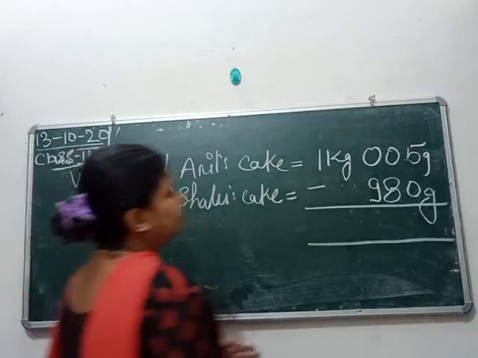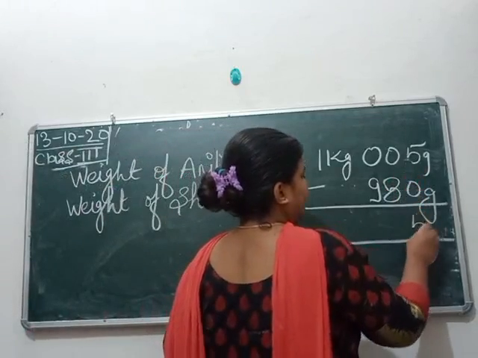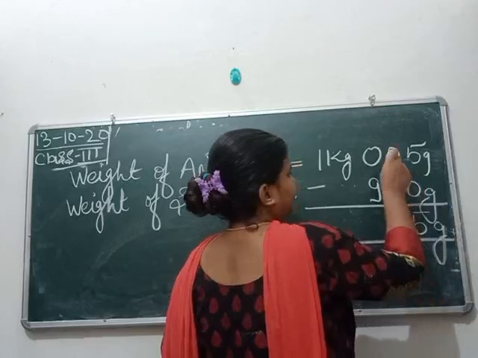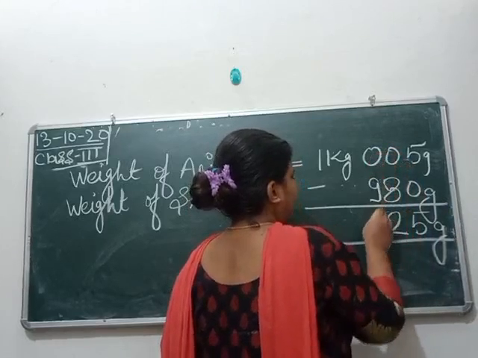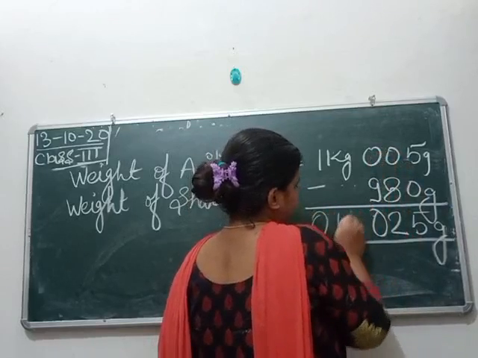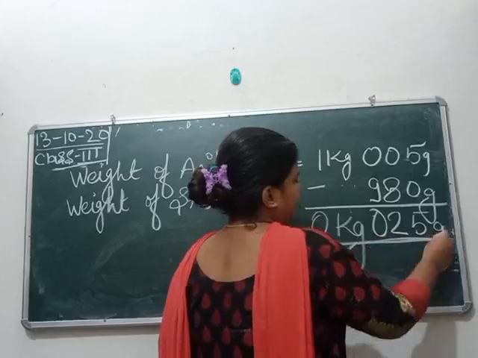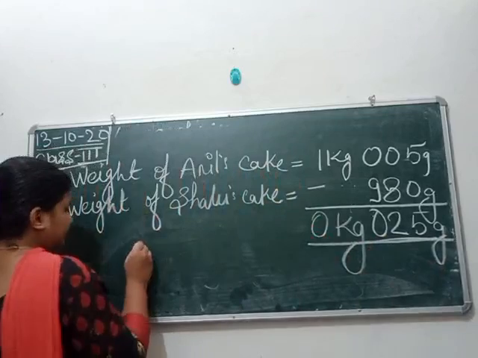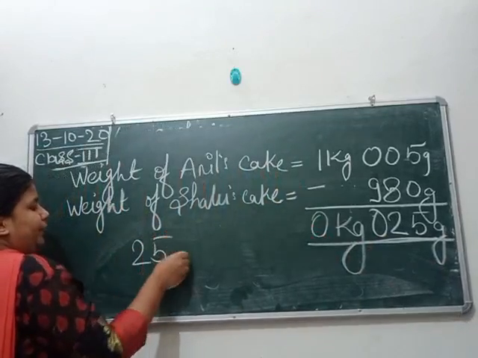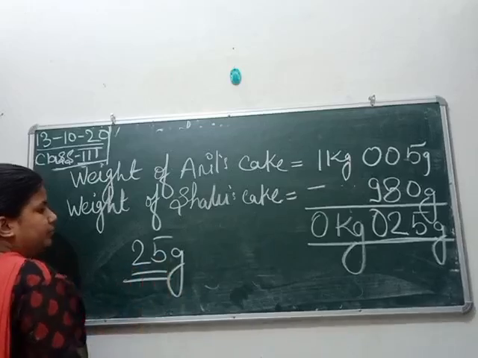So 5 minus 0 you will get 5. This is 10 and 10 minus 8 you will get 2. 9 minus 9 you will get 0 and 0 kg. That means the answer is 25 gram. The answer for this question is 25 gram only.